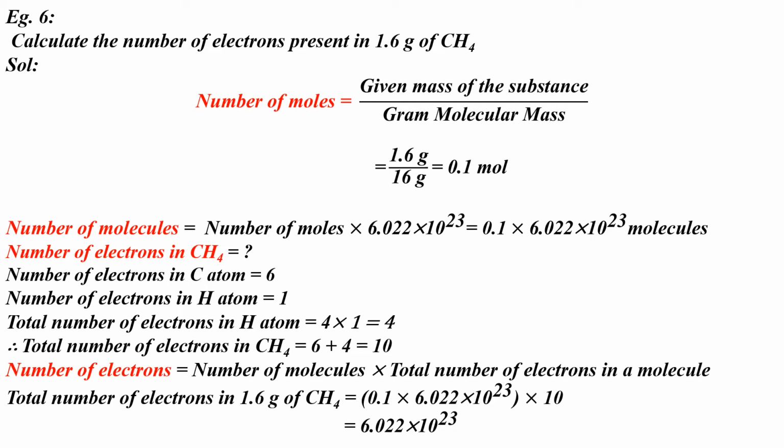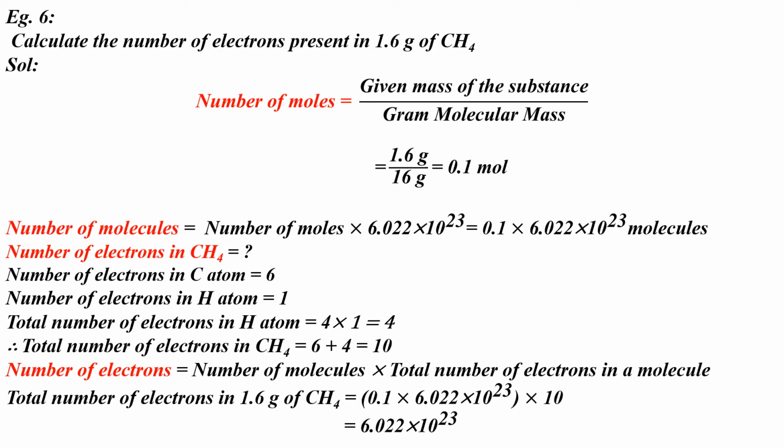Now we know the number of molecules in 0.1 mole of methane. So let's calculate the number of electrons in 0.1 into 6.022 into 10 power 23 molecules. For this, we must know how many electrons are there in one molecule of methane first. Let us consider a molecule of methane. We know a molecule of methane has one carbon atom and 4 hydrogen atoms.